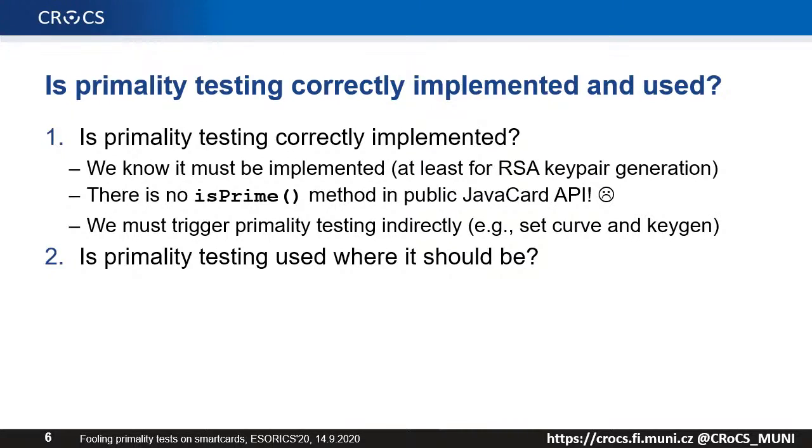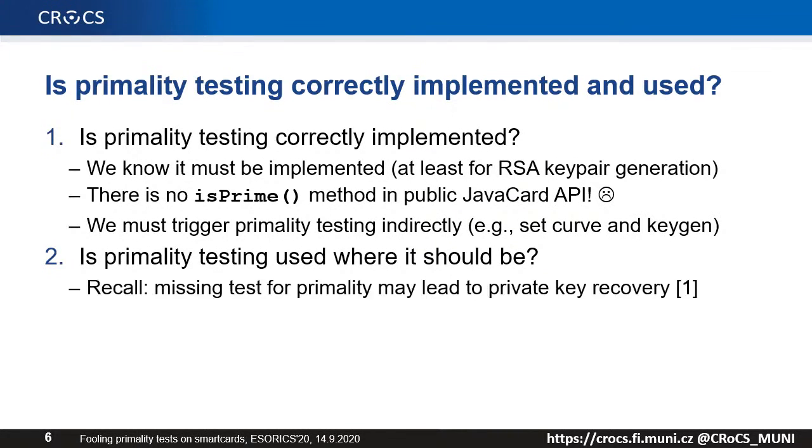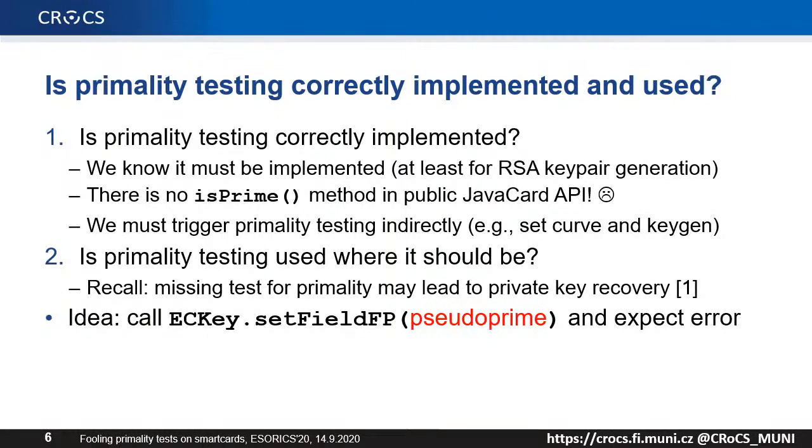With respect to the second question, is it used where it should be? If it's not used, we may end up doing operations over the curve with some parameters not being prime, and as a result, one can recover the private key. The very condensed idea is that we will first indirectly trigger the primality testing.